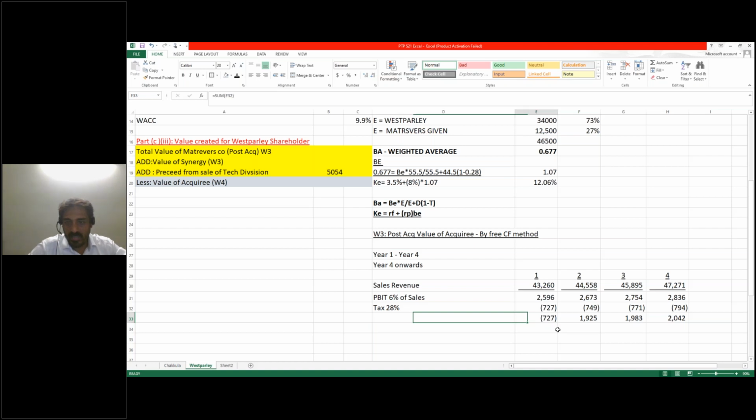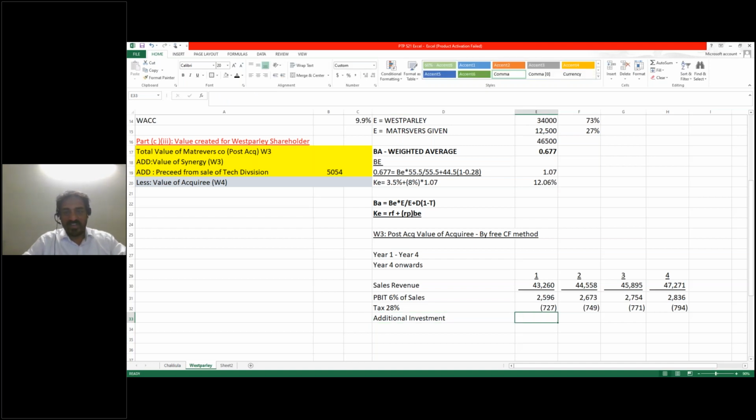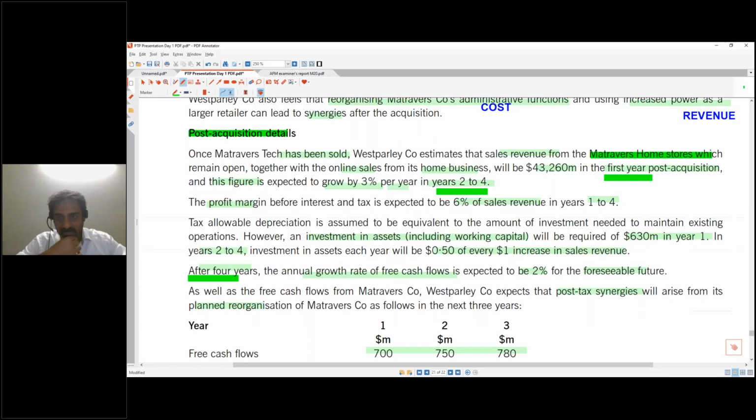Okay, sorry. We also required additional investment. What about the additional investment? Additional investment, number 1, 630.